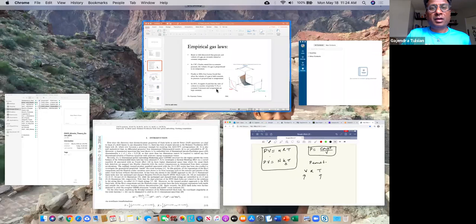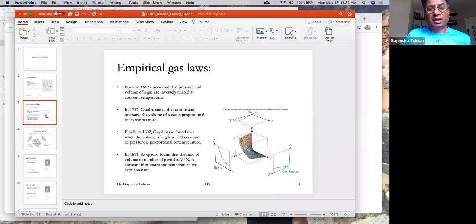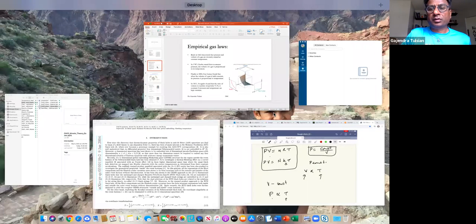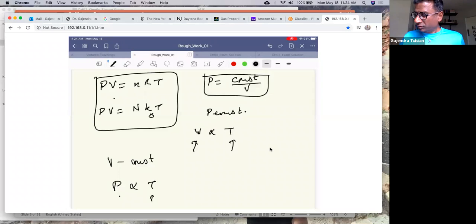And then finally, Mr. Gay-Lussac found that when the volume of a gas is held constant, its pressure is proportional to temperature. About 25 years later, Mr. Gay-Lussac found that if you keep the volume constant, pressure is proportional to temperature.